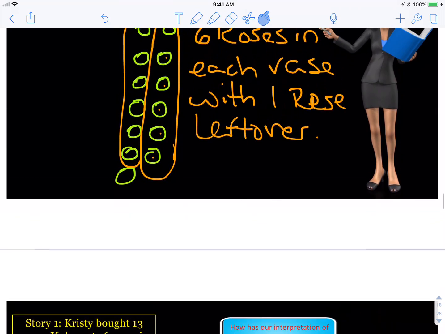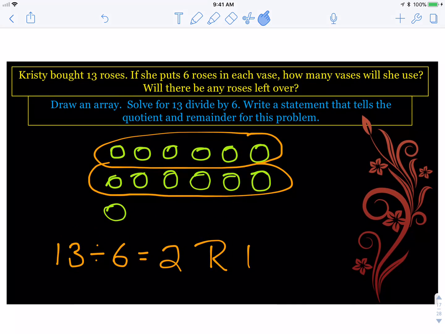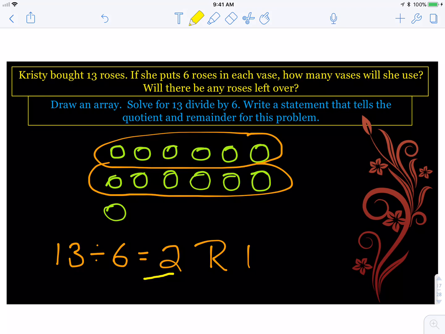Well, to check our work, let's go back to this. You take these 2, your quotient and your divisor, and you multiply them. So it gets me 12. Now when you multiply, it should equal the dividend. But as you see, I have 12 and this is 13.